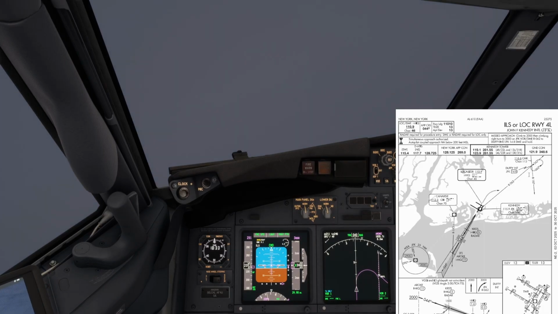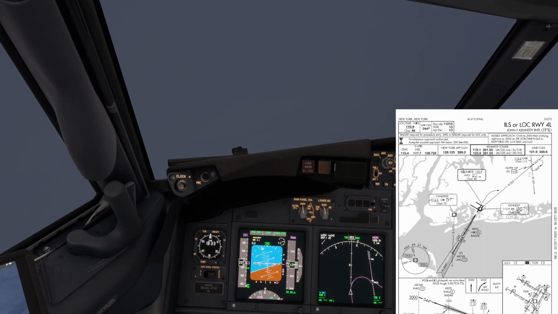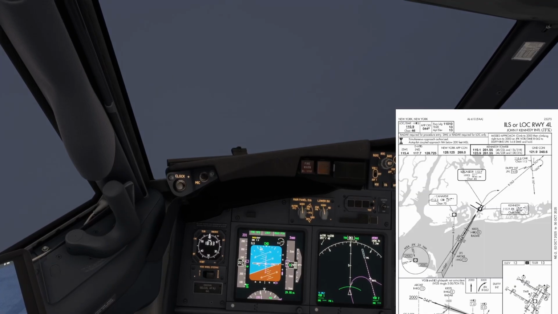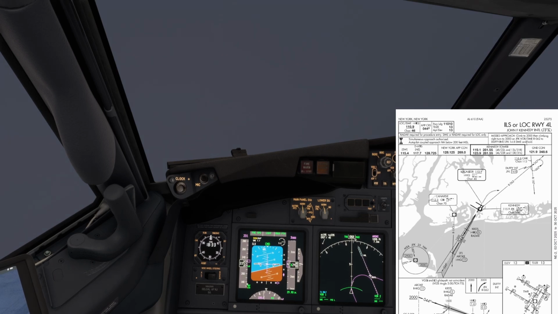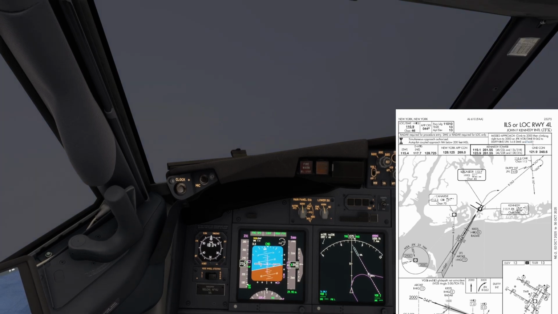And then this is the holding fix, Duffy. Again, for check ride purposes, you'd want to talk about how you're going to enter this hold. You could do a parallel entry into this hold or a teardrop entry into this hold. That's about it. And then you can hold out here at Duffy as published if you need to. And every missed approach procedure, by the way, is going to say "and hold" at the end, because they want you to hold.